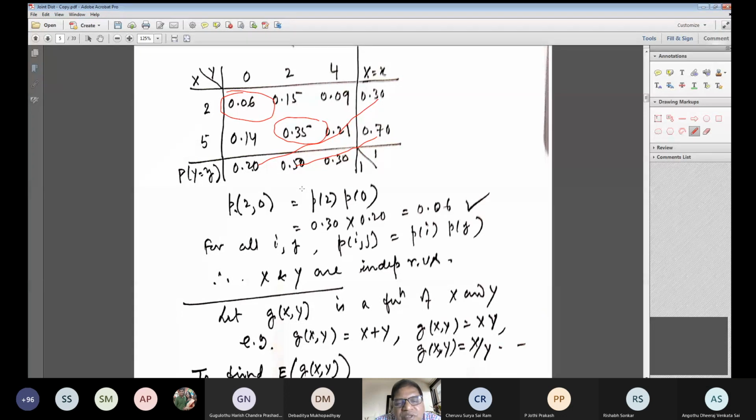All these concepts will be discussed in the next class. Before that, we will describe a few more results, such as the expectation of x plus y and the expected value of xy. Knowing the joint probability mass function, all these quantities we can easily obtain. In the next class we shall discuss this.